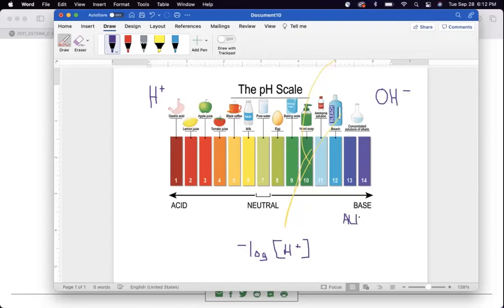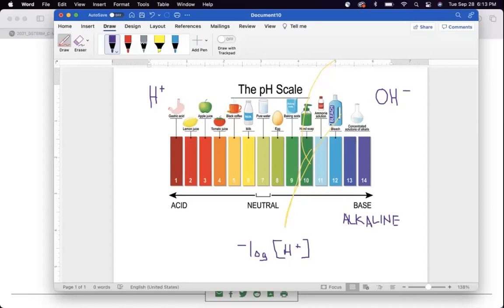Alkaline, as in alkaline batteries. It's another word for base. And that means whatever substance is on the right side of this scale has a lot of hydroxide ion. So an egg, baking soda, hand soap, mildly alkaline, mildly basic, mild OH minus or hydroxide ion.